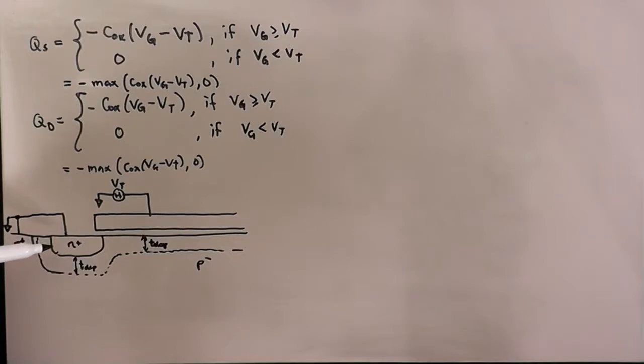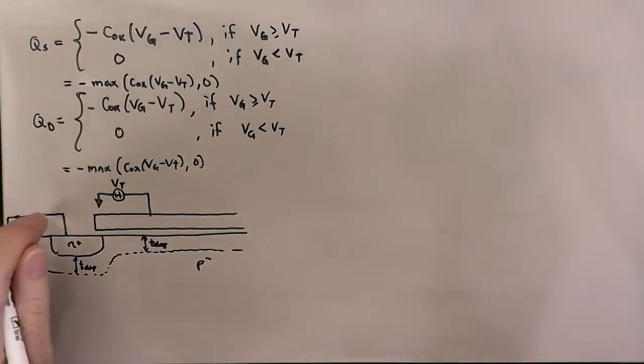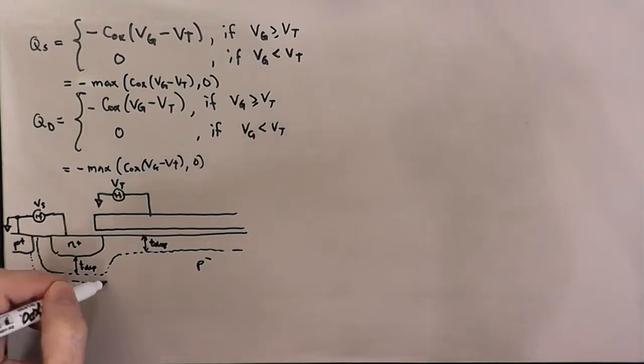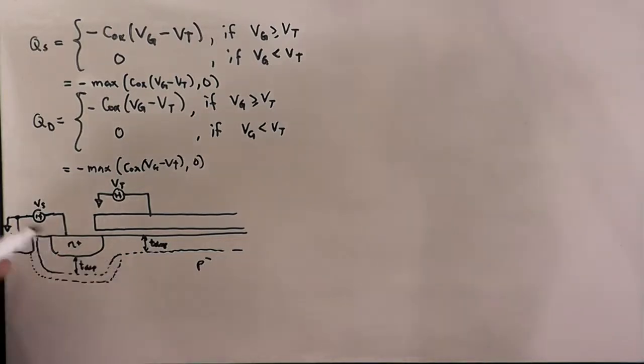So I want to think about what happens if we were to raise the voltage on the source. So let's suppose we put some non-zero source voltage here. What would happen? Well, if we don't change this, the depletion region under the gate is going to stay the same, but the depletion region under the source is going to have to get a little bit wider, like so.